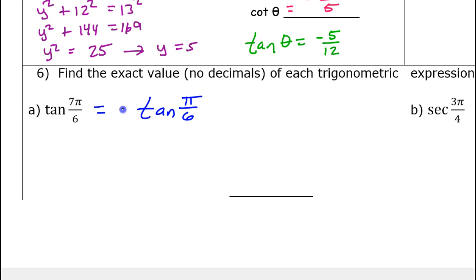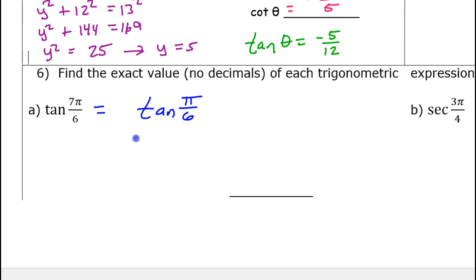Maybe it's negative, but that's the only difference. So the tangent of 7 pi over 6, as soon as I realize that the reference angle is pi over 6, then I know the tangent of this is going to be the same thing as tangent of pi over 6. Except I need to figure out whether it's going to be negative or not.